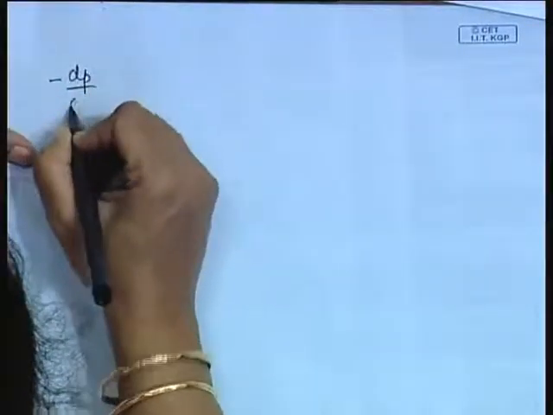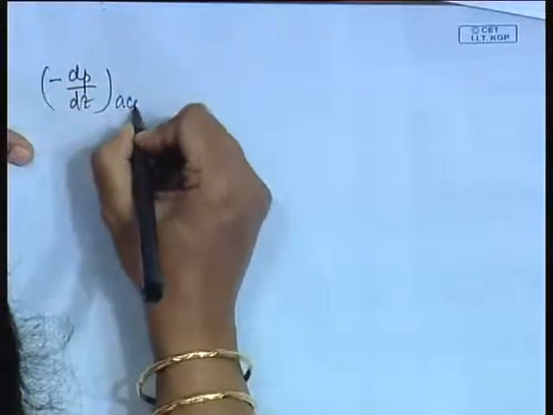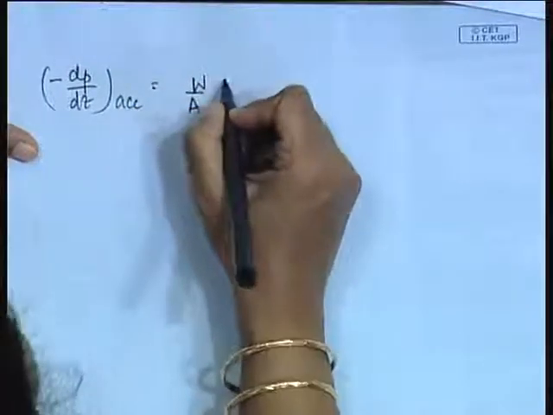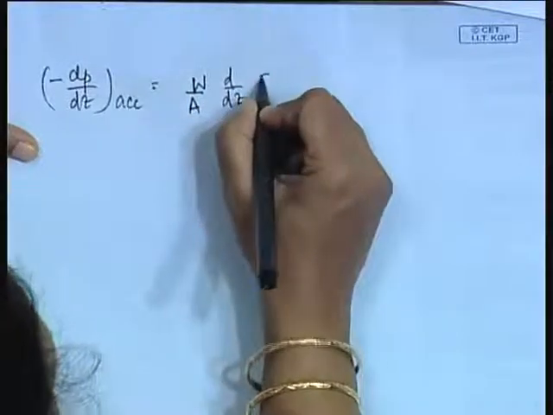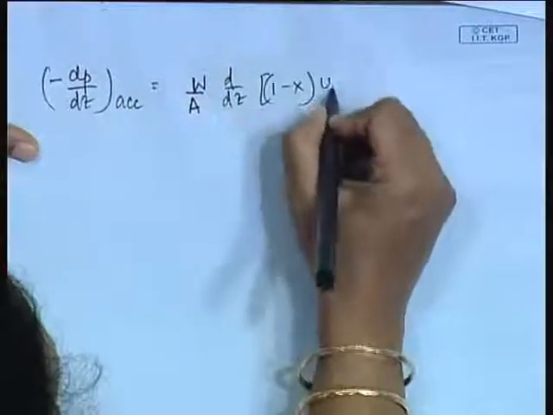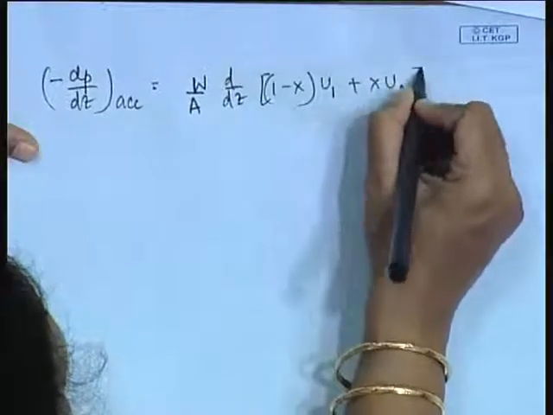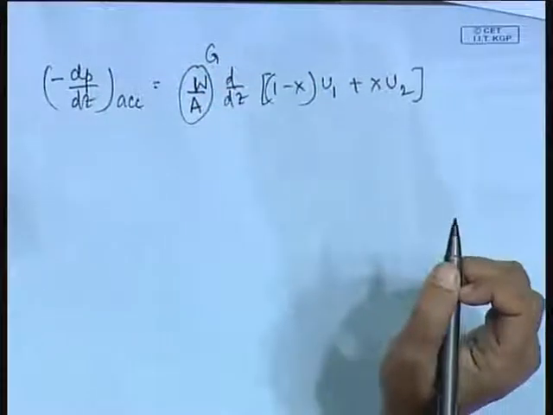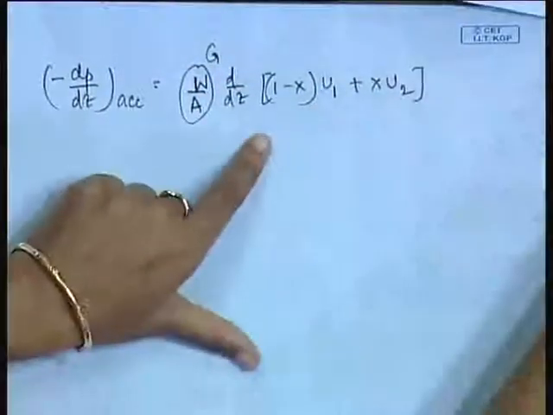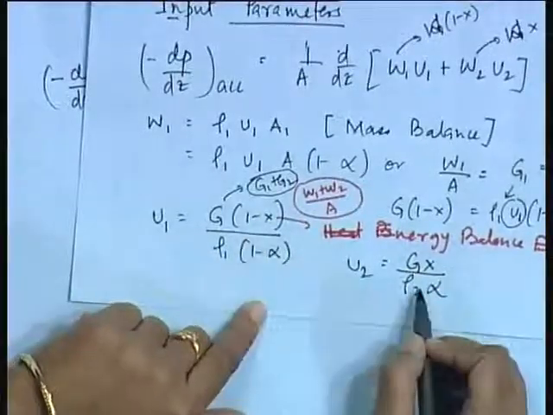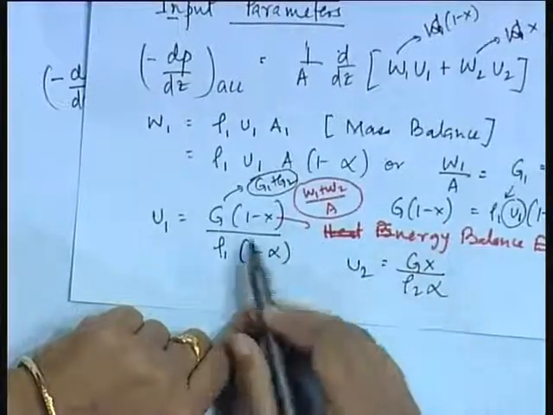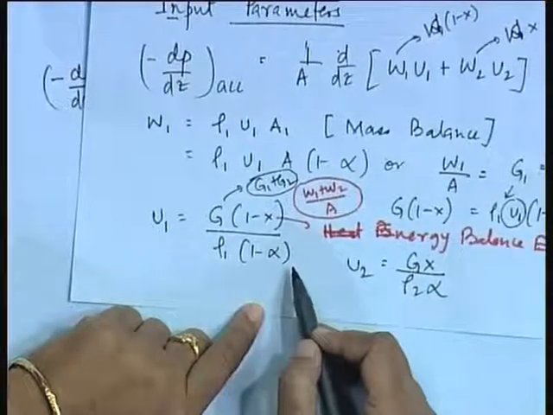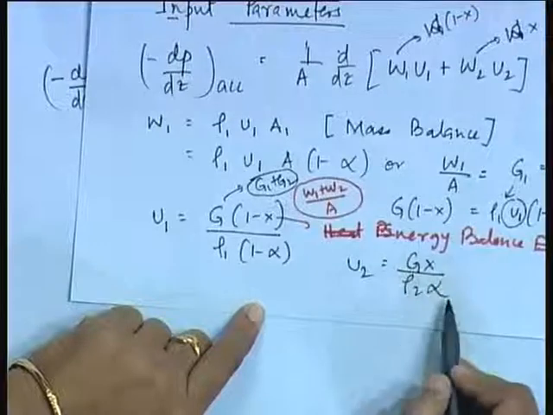So, minus dp dz acceleration is equal to, we have 1 by A, we have taken out the W. So, it becomes d dz of (1 minus x) u1 plus x u2, isn't it, where this W by A is nothing but G. Okay. Now, in this equation, if u1 and u2 are substituted from these two equations, u1 from this particular equation, G into 1 minus x by rho 1 into 1 minus alpha, and u2 equals G x by rho 2 alpha.